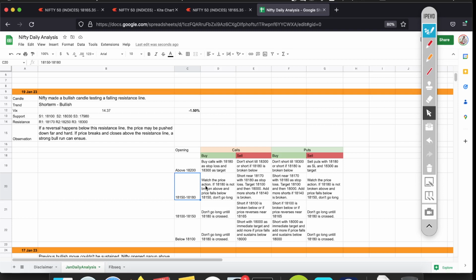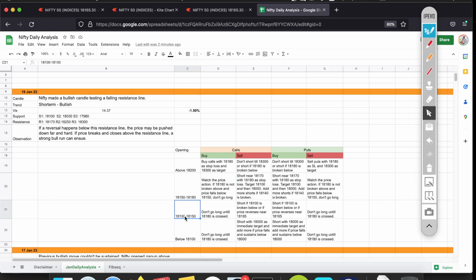You can initiate shorts if 18,180 is showing a reversal, or to be on the safer side, you can wait till 18,150 is broken down, and then if the range is broken down, you can book some profits at 18,100, or you can even wait till the 18,000 level is tested.